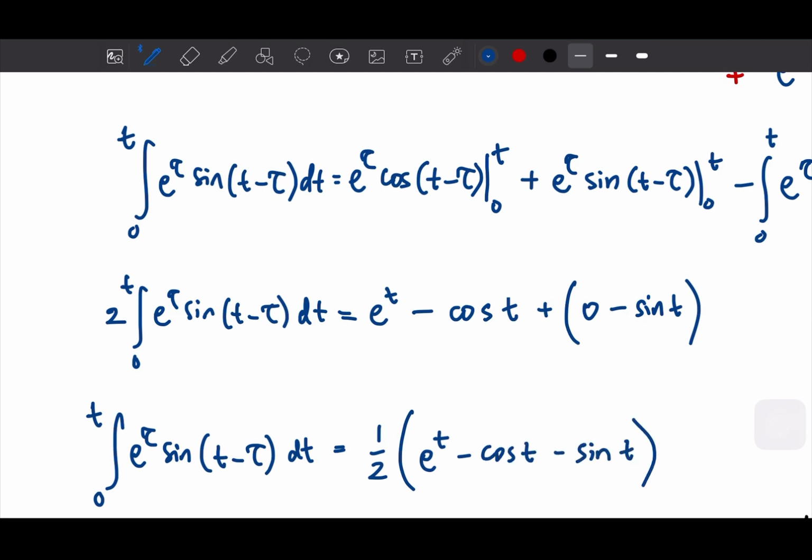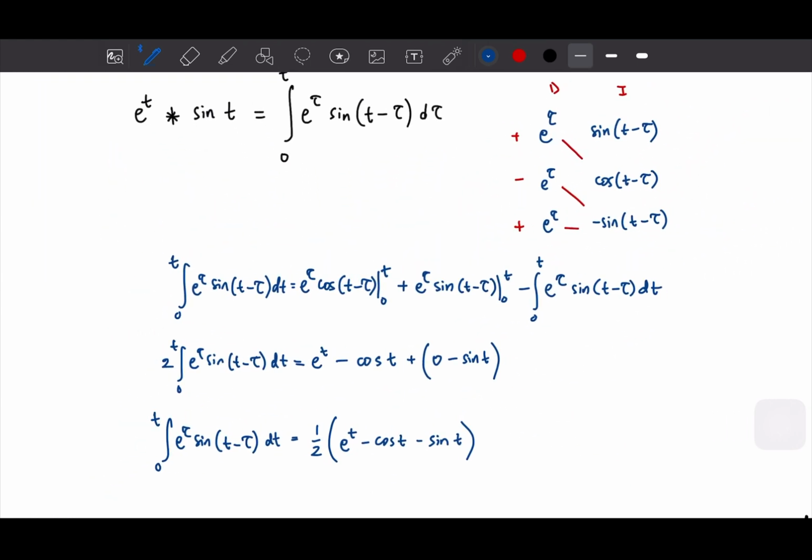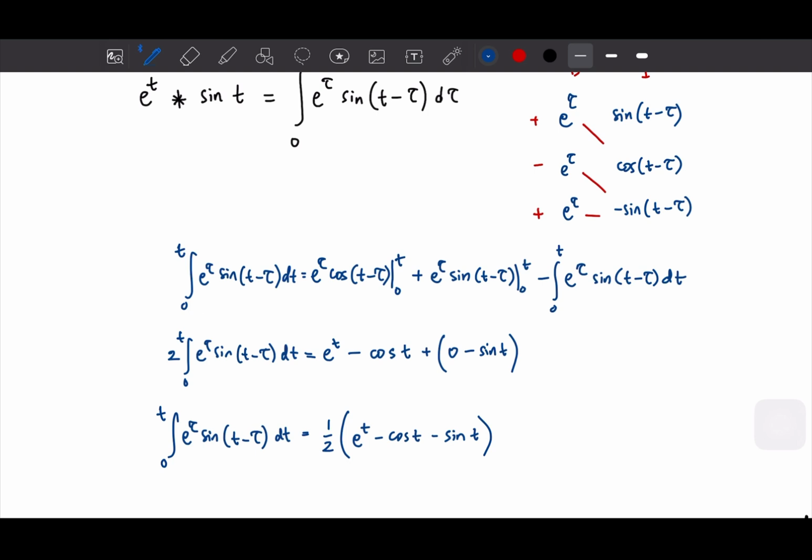So we get that this will be equal to half. This is just to familiarize ourselves with the convolutions.